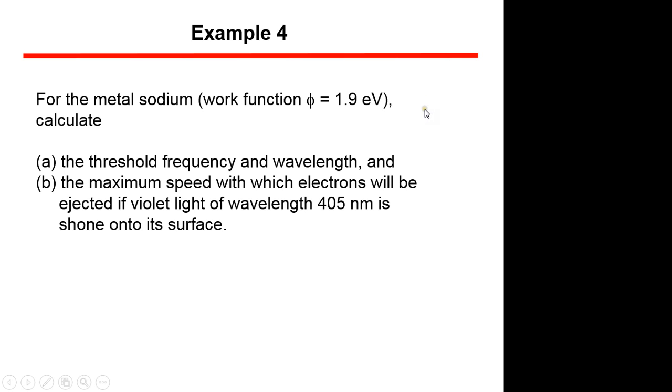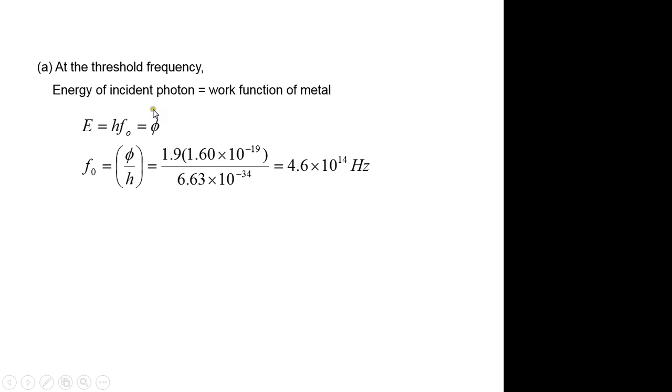Okay, so the threshold frequency and wavelength, let's use the equation. At threshold frequency, the energy of the incident photon, h f naught, is equal to the work function of the metal. So basically this part. Rearrange, you get this answer.